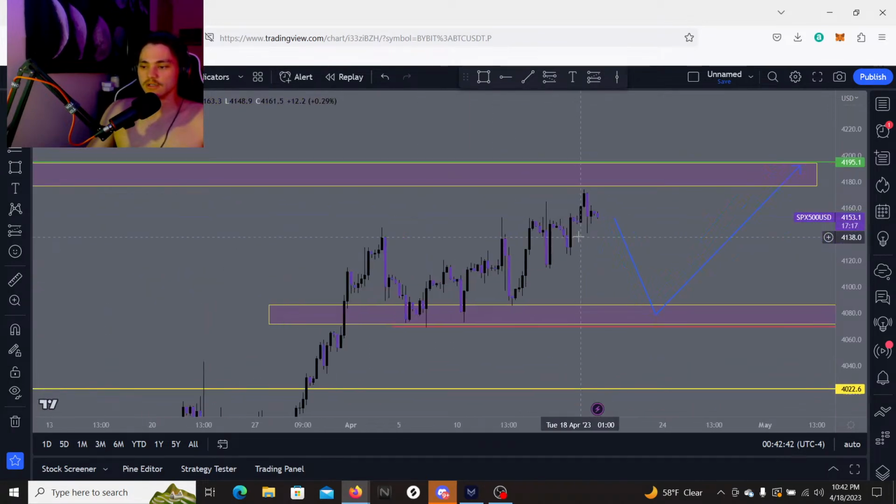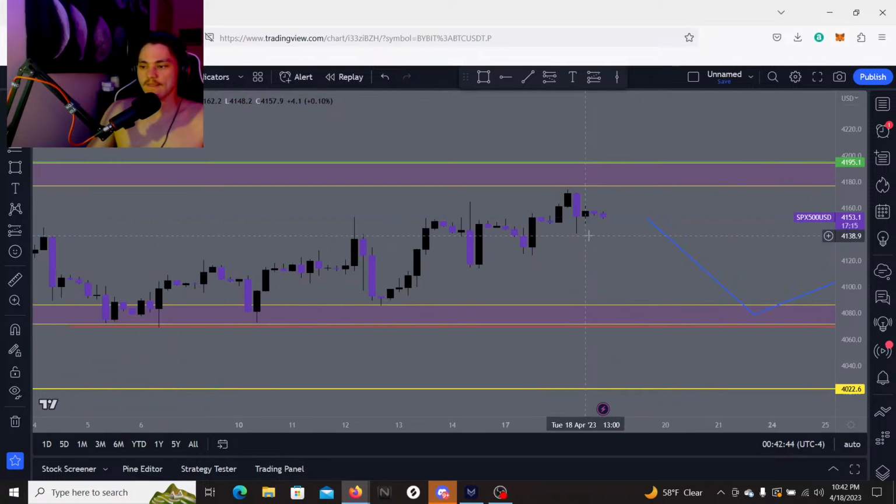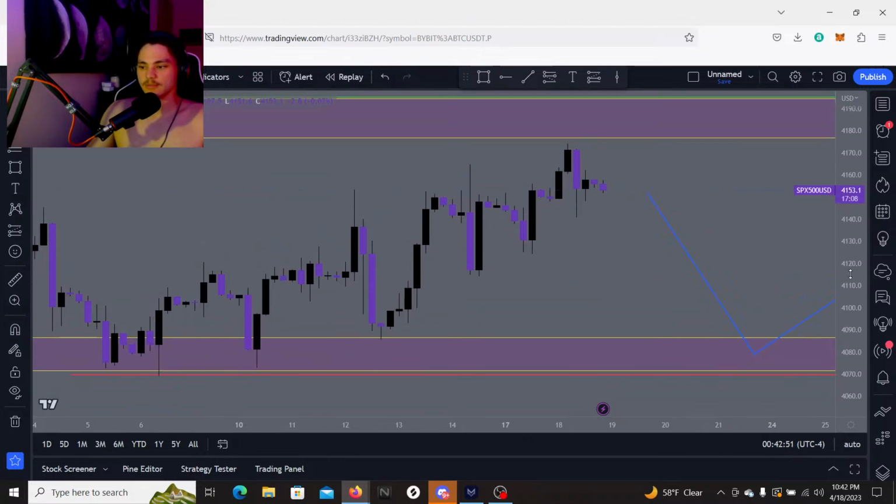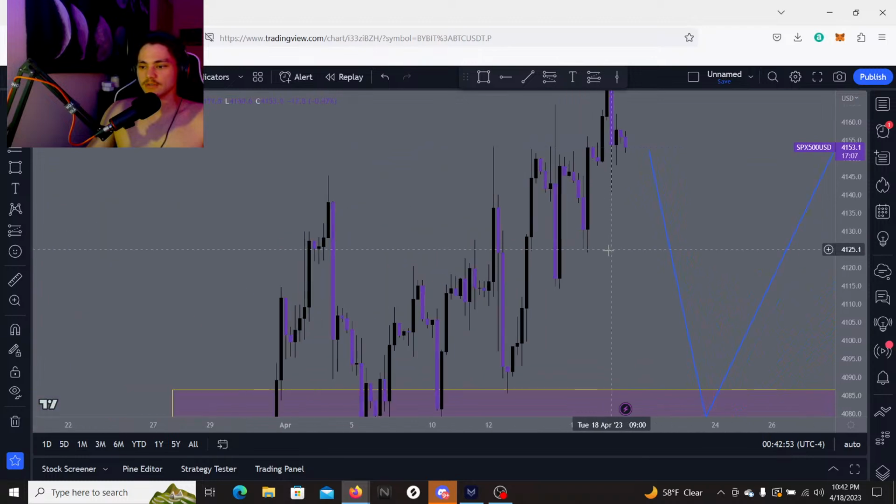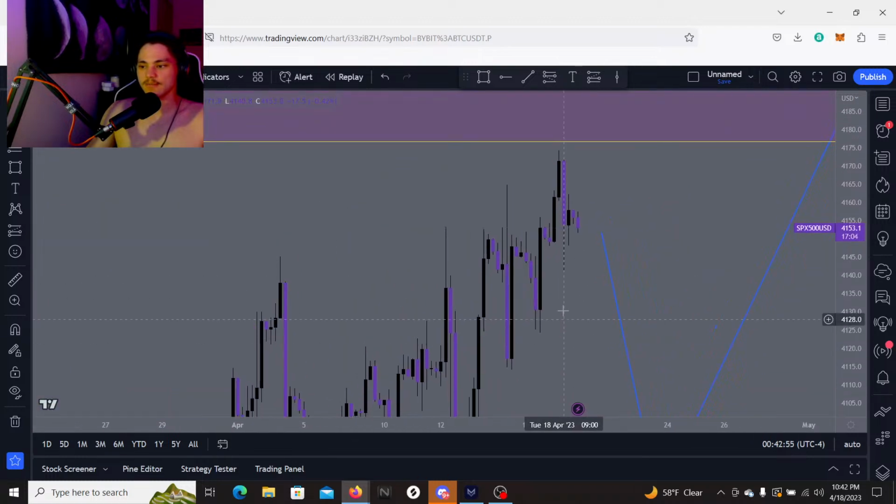And if we go looking through today, this is market open. That doesn't look like a big drop off, but it actually was a pretty steep drop right here.